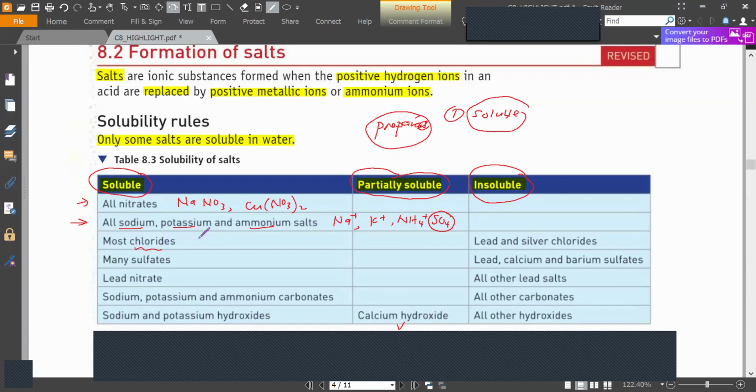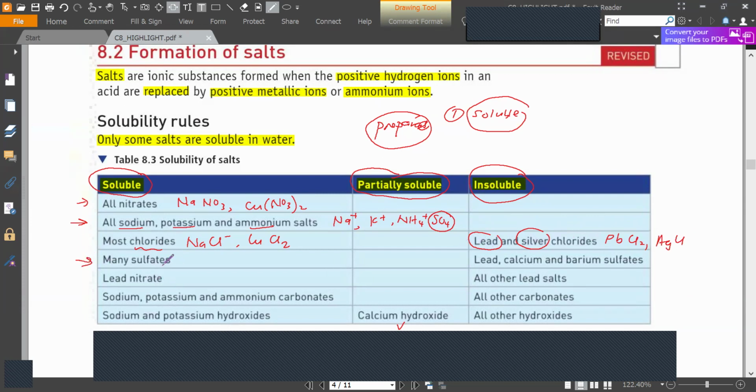Most chlorides, like sodium chloride or copper chloride, are soluble except lead and silver. These two are insoluble exceptions.